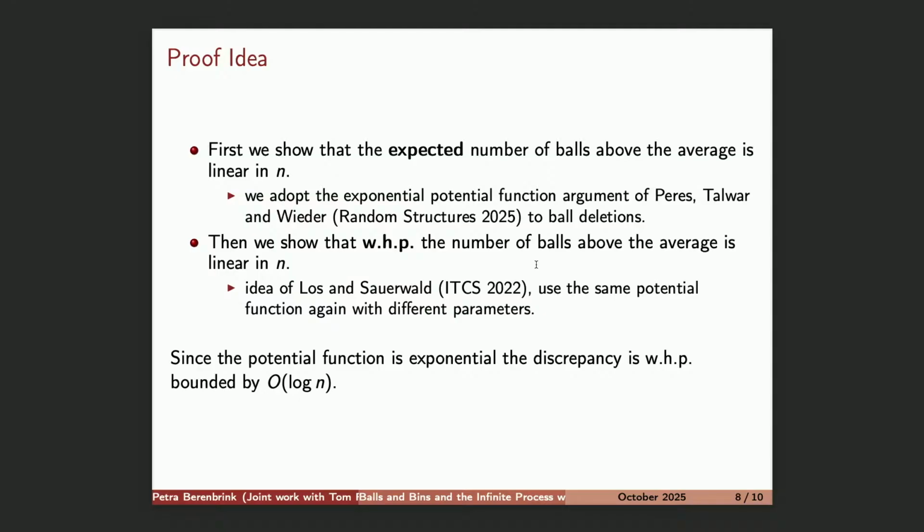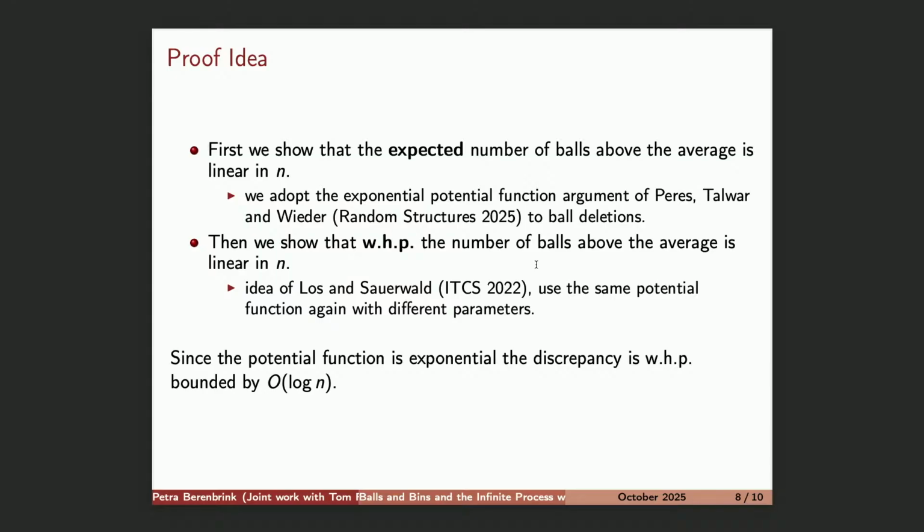Then we took an idea of Thomas Sauerwald that he showed in a paper. Also for a system without deletions, he took the potential function, showed that the expected number of bolts above the average is linear, and he used the same potential function again to show that the result also holds with high probability.